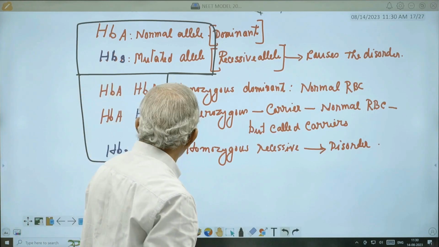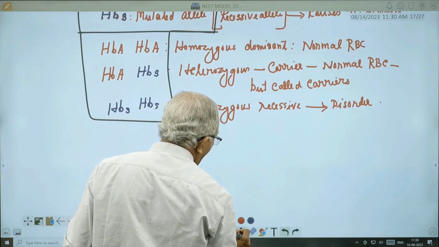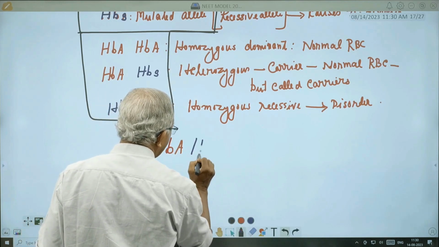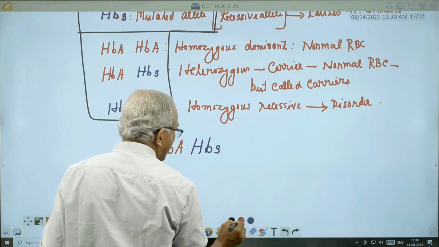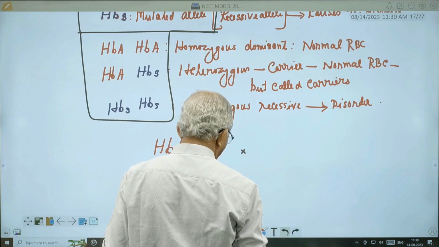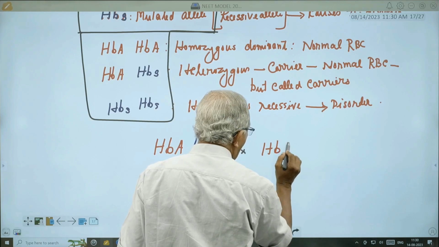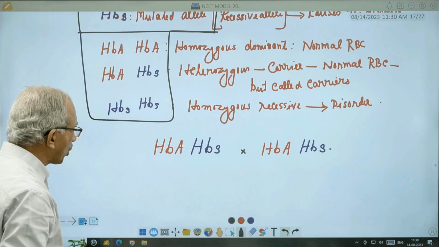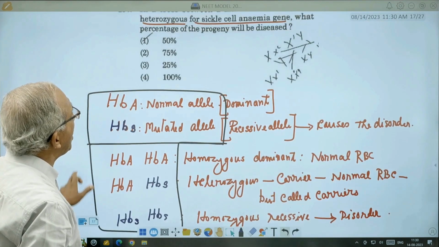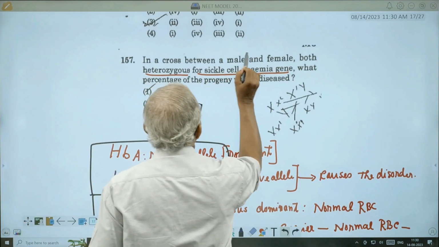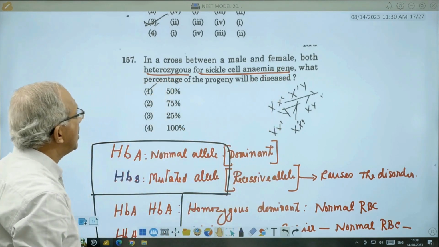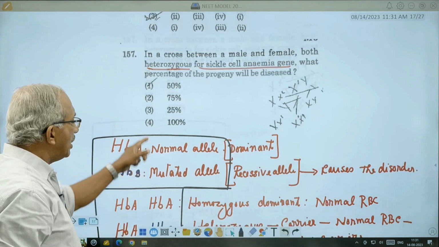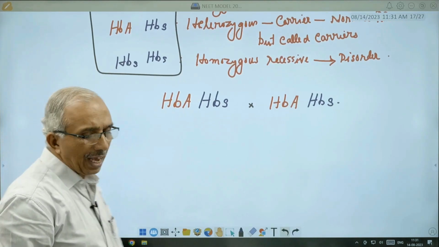Then the question is: if the father is heterozygous, HBA HBS, and the mother is also heterozygous, what is the chance of sickle cell anemia, or the percentage of sickle cell anemia, in their children?